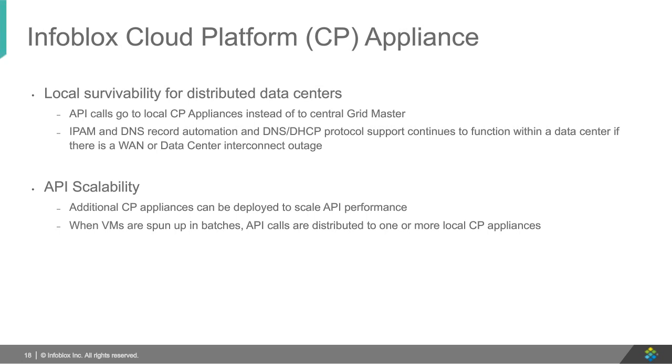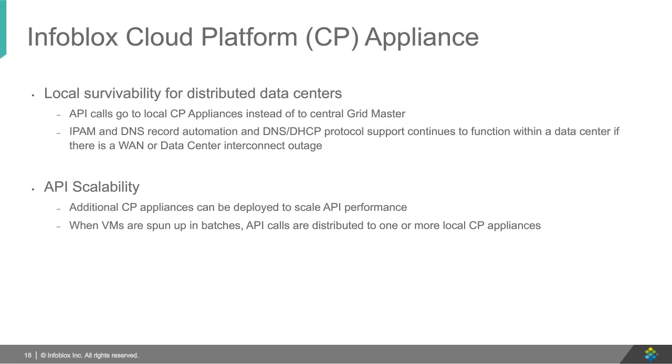You can configure your CP appliance to handle the API calls that normally go to the grid master. You can configure CP to handle some of those API calls, which will reduce some load from the grid master, and you can handle those at the CP level itself. This gives you an advantage of not overloading your grid master with too many queries.